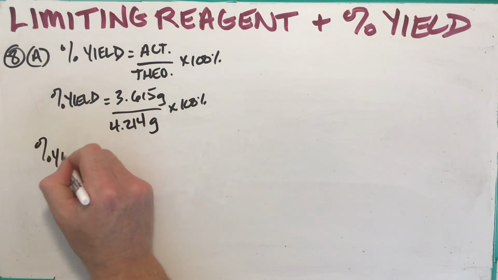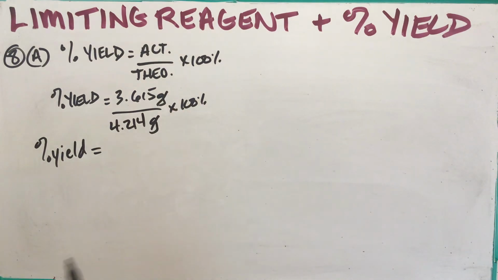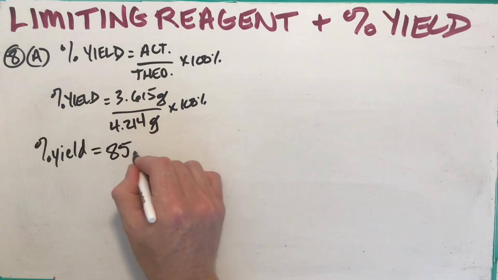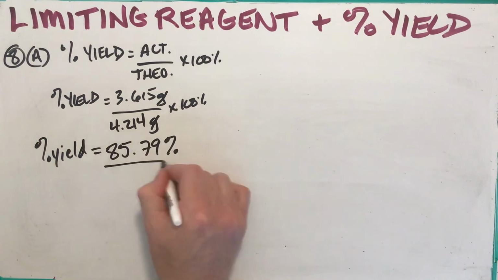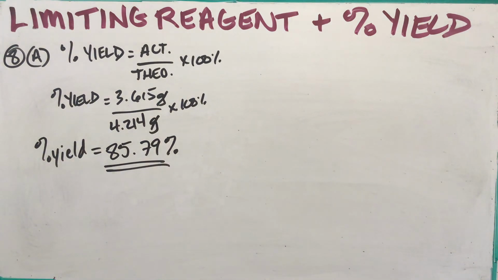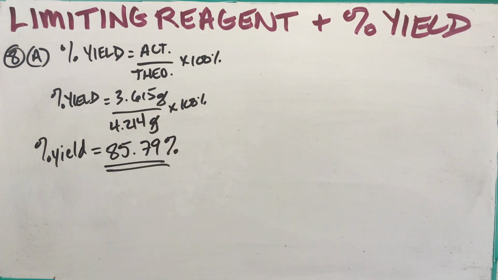And the percent yield is equal to my grams divided by grams, which cancels. Multiply that by 100%, and it's a pretty good percent yield, 85.79%. So 8A, really easy. Didn't have to figure out a theoretical yield at all. Didn't have to do any calculation except for dividing those and multiplying by 100.